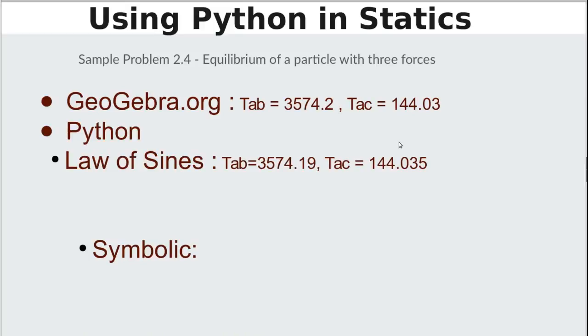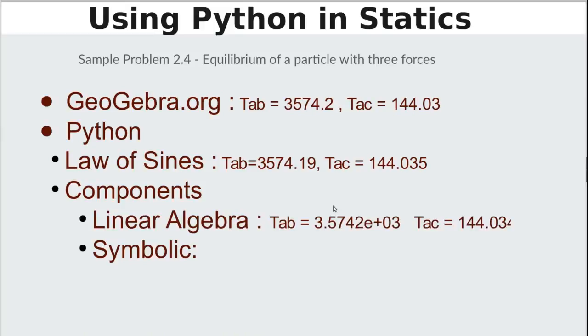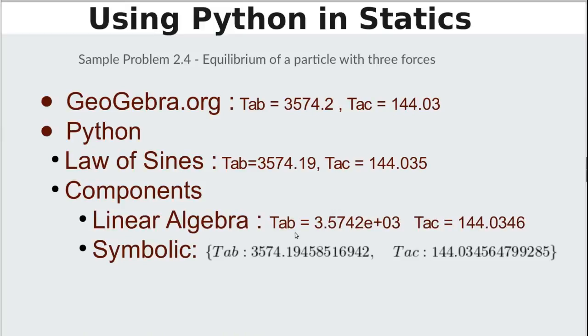And in Python, I used law of sines and got the same values again. And we looked at components. When we did components, we had 2 equations and 2 unknowns, so I did a linear algebra solution and a symbolic solution, and got the same numbers that we had before.